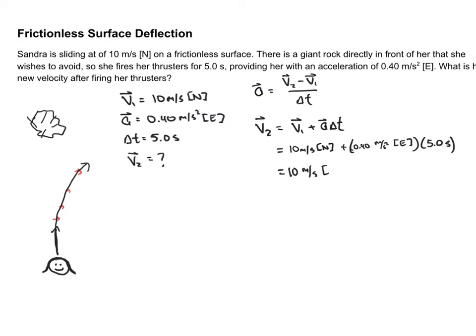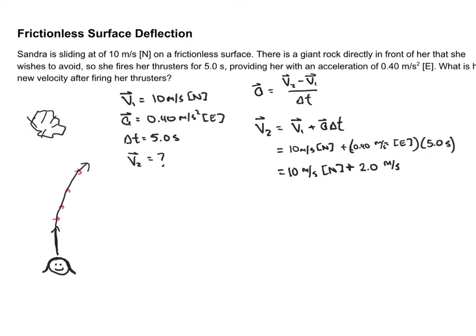So this will be 10 meters per second north. Here, I'm going to multiply those two numbers together, 0.4 times 5.0, giving me 2.0. But the units are going to be meters per second. Okay, so that's what I was saying before.